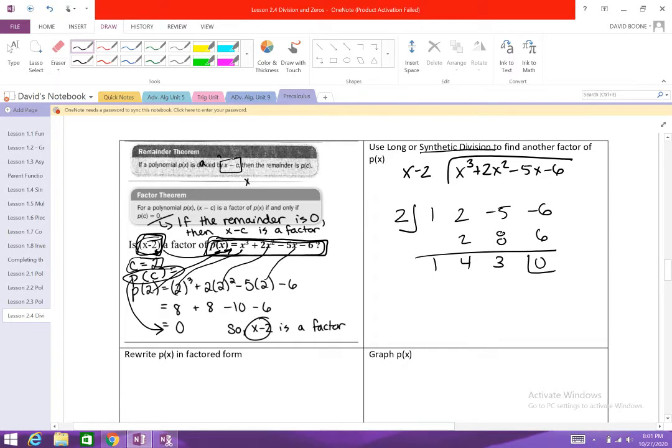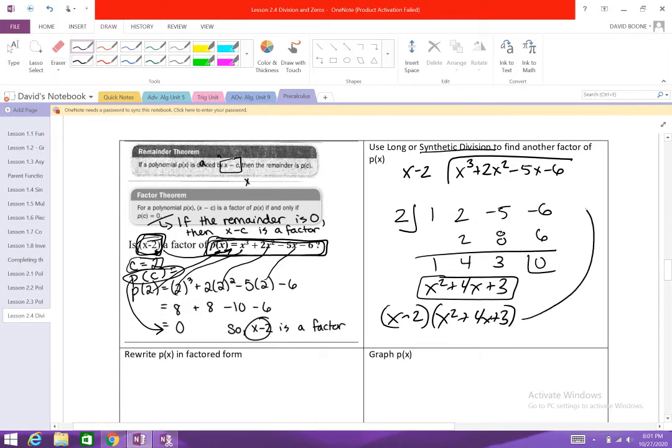See, that remainder is 0. So what I do know now is that this answer, x squared plus 4x plus 3, is also a factor, because x minus 2 times x squared plus 4x plus 3 will give me this answer.